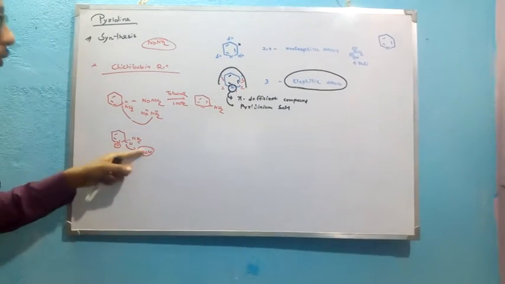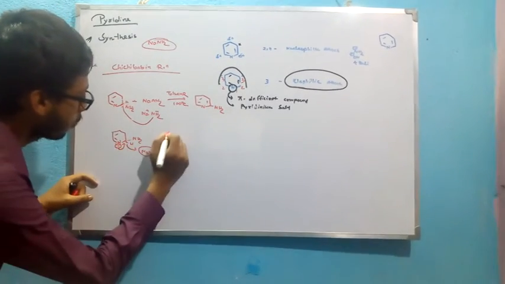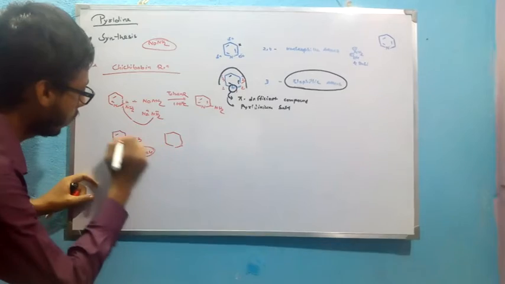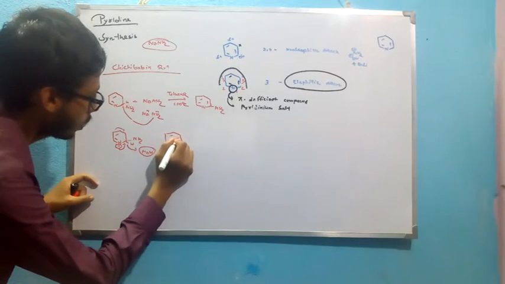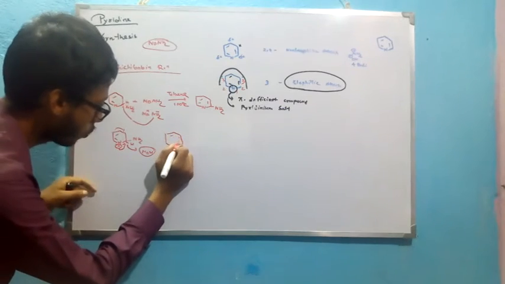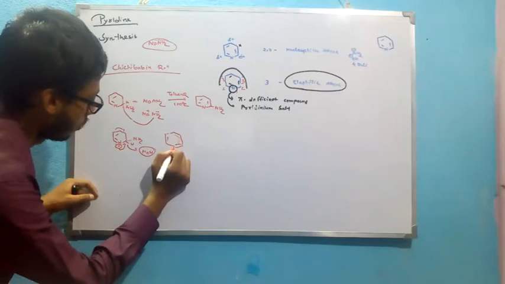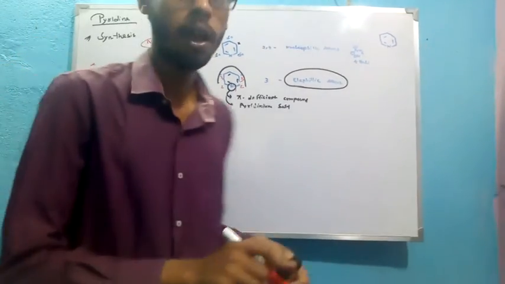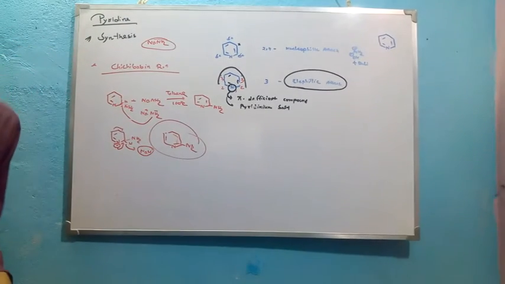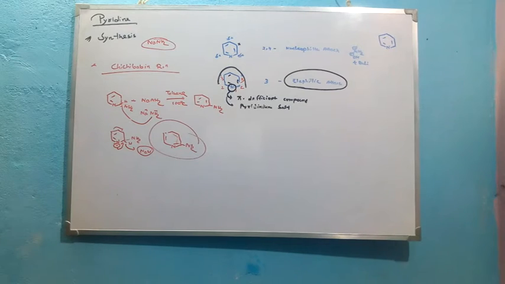The sodium is present in solution, a double bond forms, and rearrangement of the bonds also occurs. So this produces a compound which is aminopyridine. Okay.